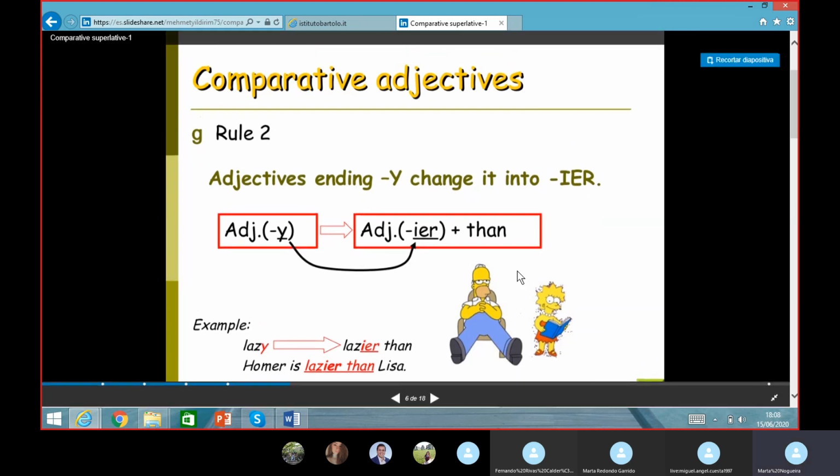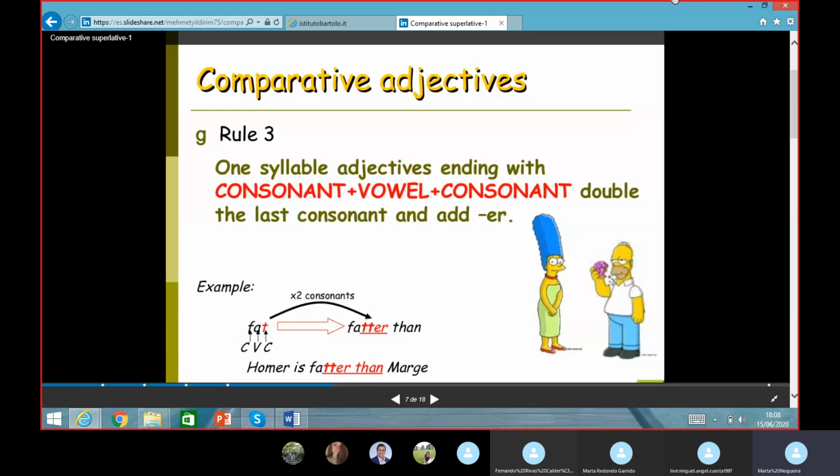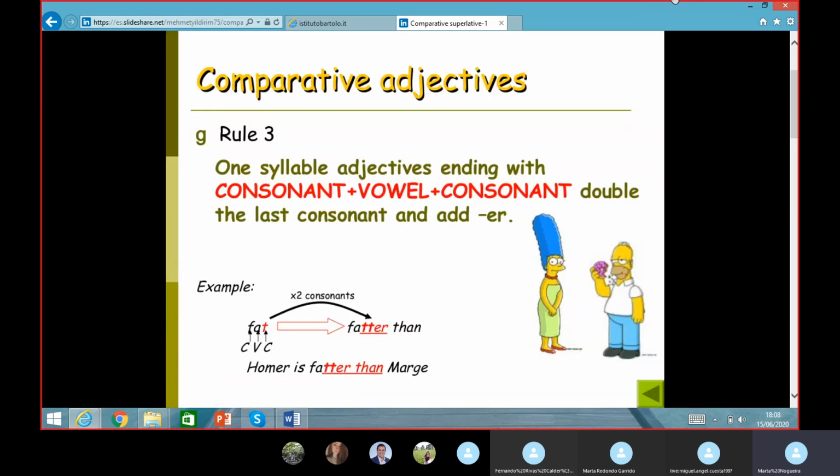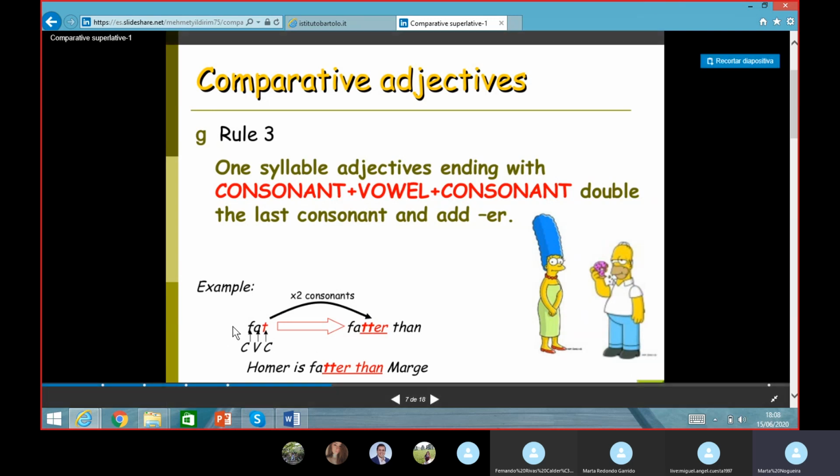Oh my God, I have to pass it with this crazy mouse. Then rule 3 is that one syllable adjectives ending with consonant plus vowel plus consonant double the last consonant. So if I have the structure consonant, vowel, consonant, then I will add a consonant only in this case. For example, in here I've got fat.